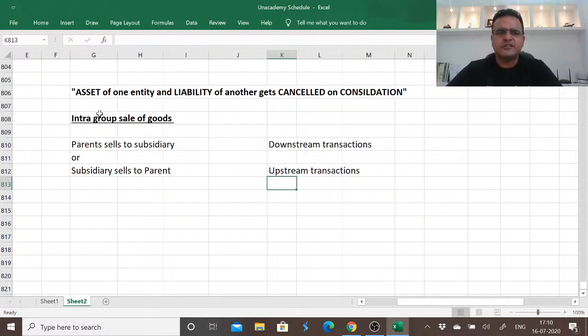Now when they sell to each other, this is like two brothers living in the same house, and to the outside world they are a joint family, but internally they manage their accounts separately.